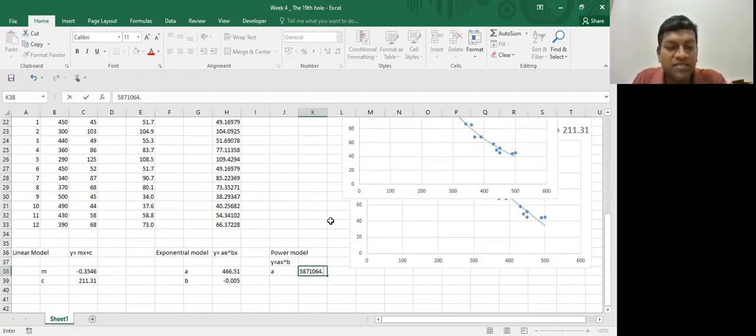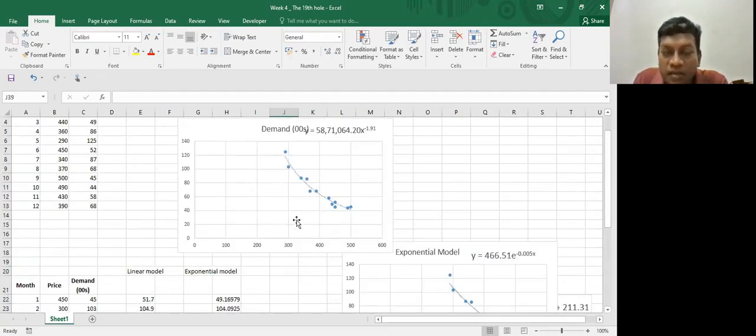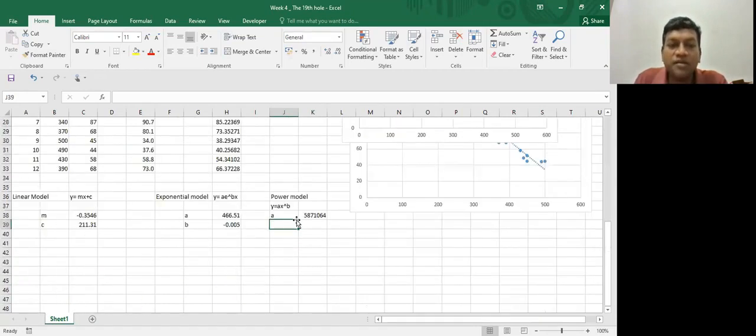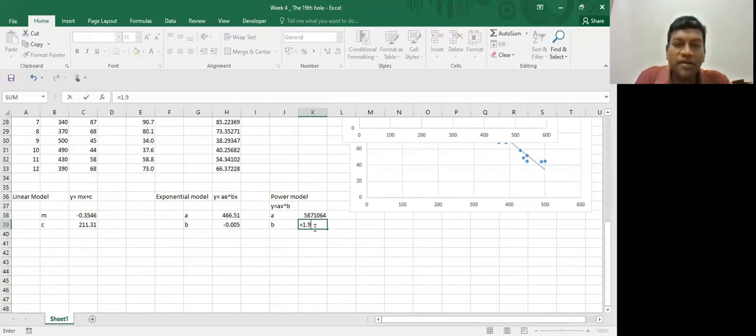Let's not lose the accuracy. And x raised to b, where b is equal to minus 1.91.